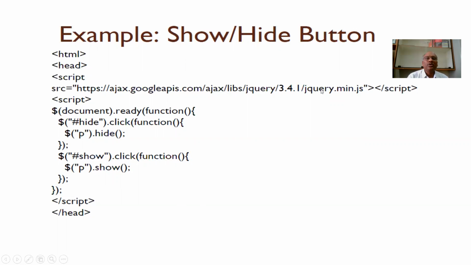So we are now providing the hyperlink to include this particular JavaScript library called jQuery.min.js. If you are not connected to the internet, then you can download this particular jQuery.min.js file from the jQuery website, and you can store that particular library on your local hard disk and do the operations accordingly.